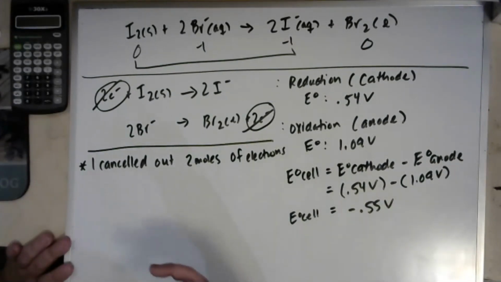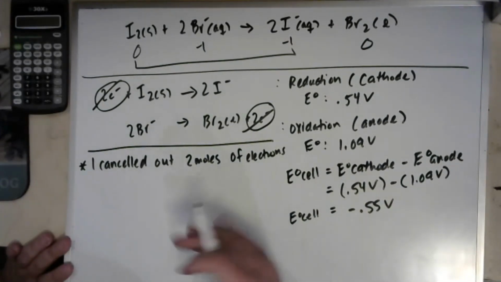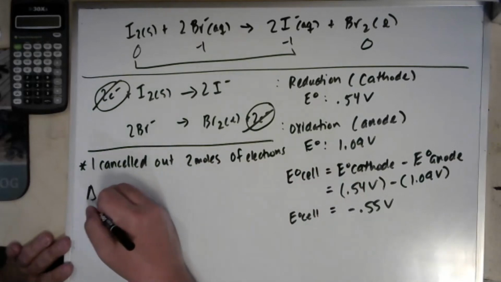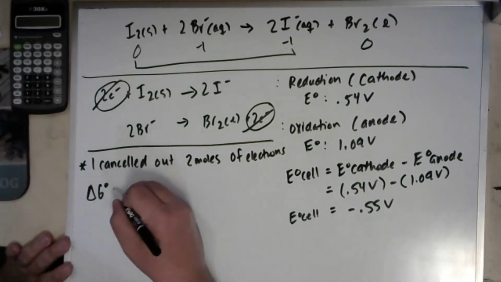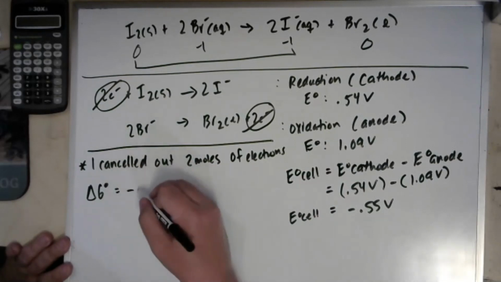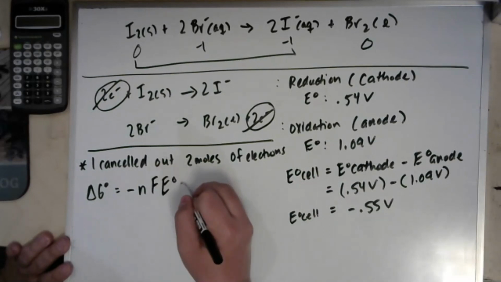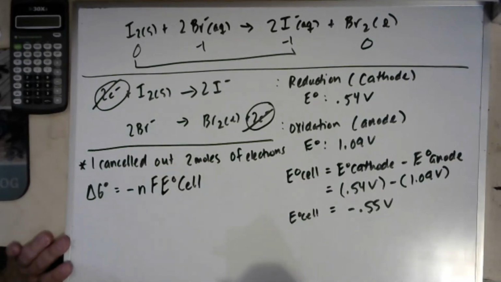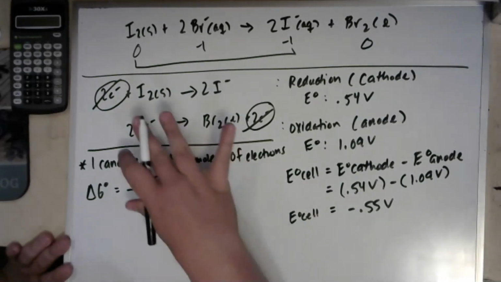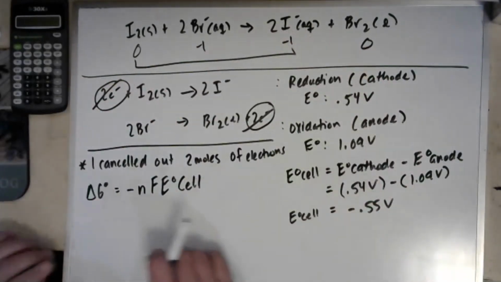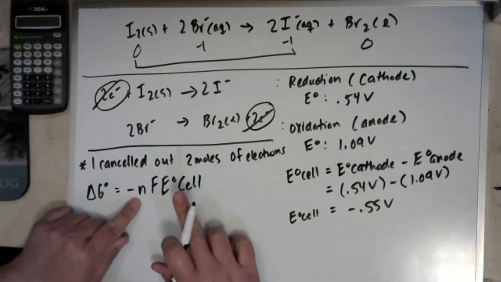The equation that we're going to use to relate our E cell to delta G is this one. Delta G equals negative N times F times E cell. What we were doing with our work so far is finding our N value and our E cell value.